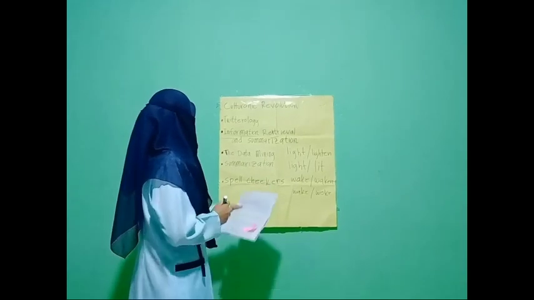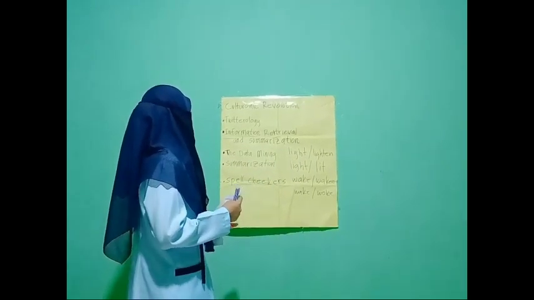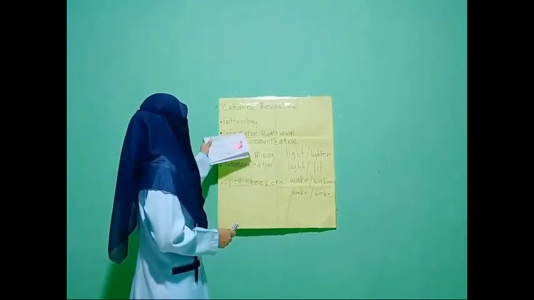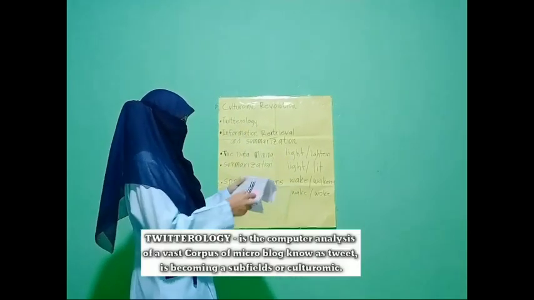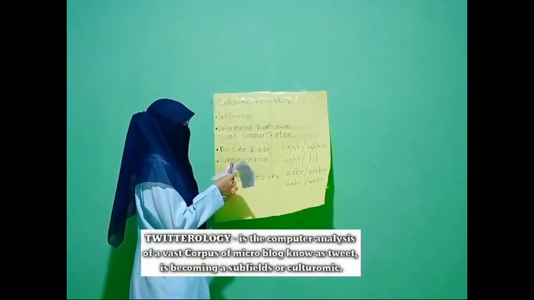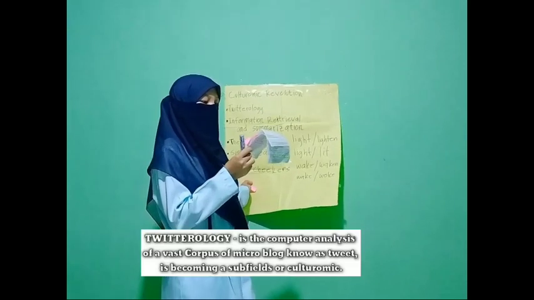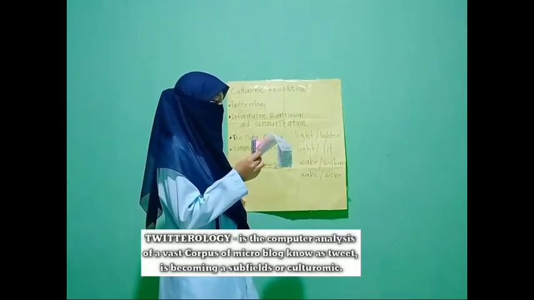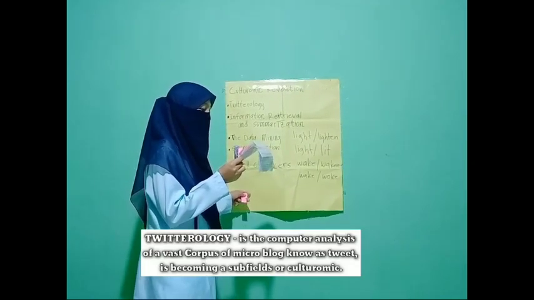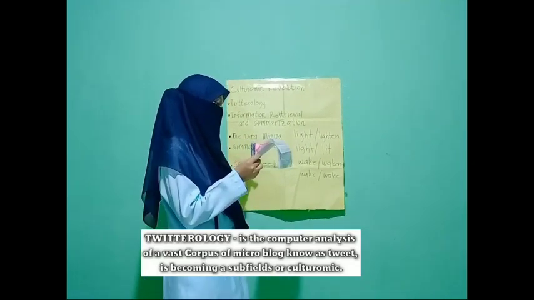Next is the information retrieval and summarization. The next is tweetology. Our expressiveness and our ease with some words are limited, so that a sentence with more than one clause is a problem for us, and a word of more than two syllables is a problem for us.